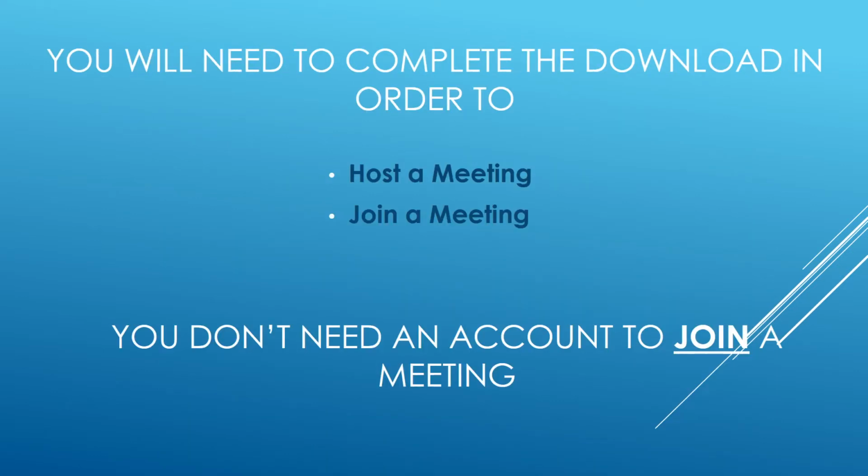You will need to complete the download in order to host a meeting or join a meeting. You don't need an account to join a meeting, and you want to choose the right platform to download on. If you're going to use a PC, if you're going to use your mobile phone, you want to make sure you grab the right download.